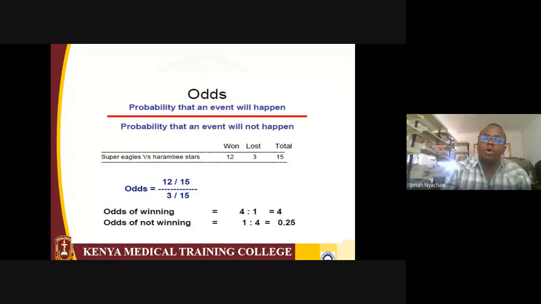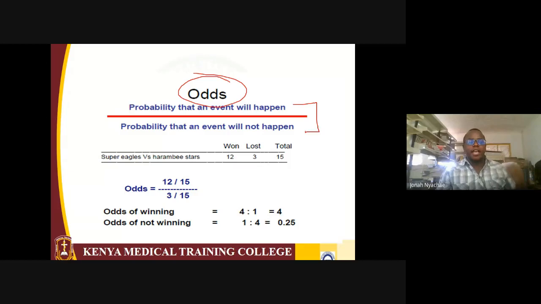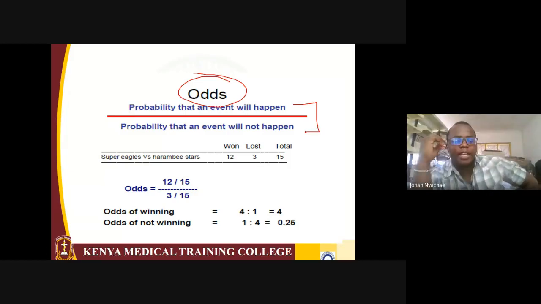And then we have odds. Odds is the probability that an event will happen over the probability that an event will not happen. That is the odds. For example, we have a match between Super Eagles and Harambee Stars, for those who like gambling, those who like to invest in sports betting.